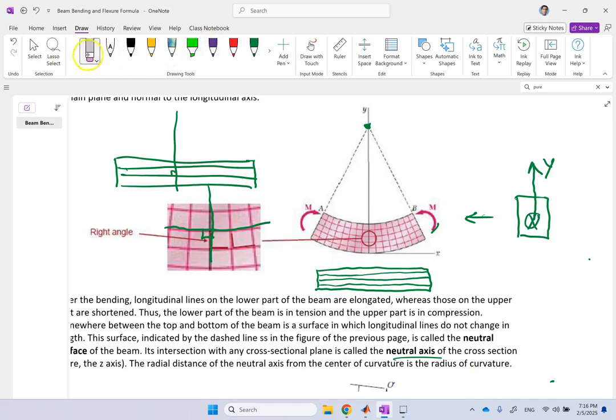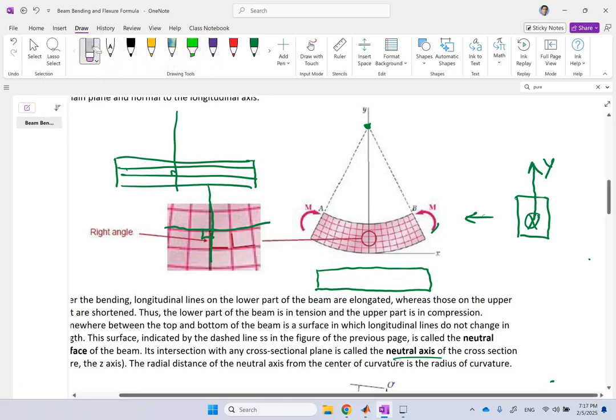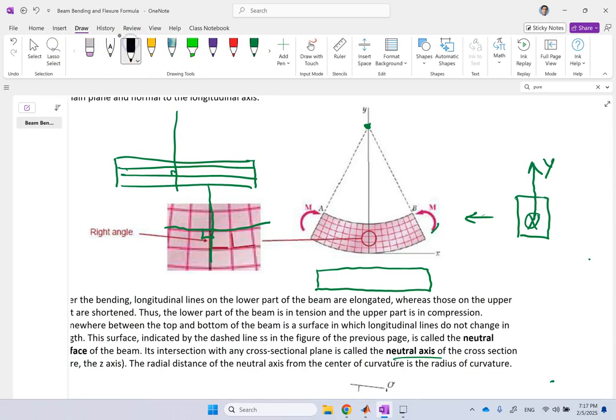What would you see? Well, let me use different colors here. You'll see that some of the lines, like this black one, get shrunken, get smaller after the bending has occurred. They are under compression.